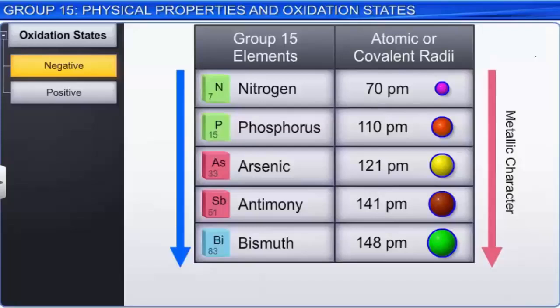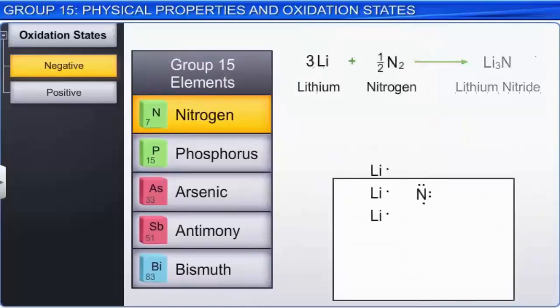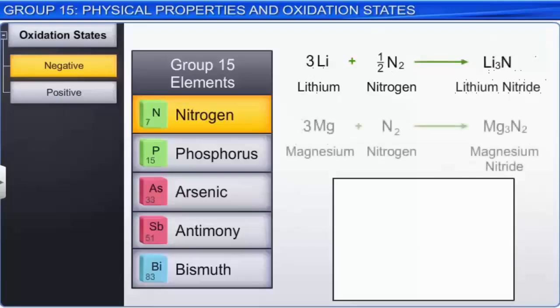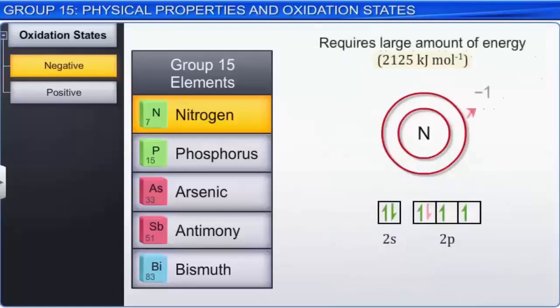Only nitrogen atoms can gain 3 electrons from highly electropositive metals like lithium and magnesium, to form ionic nitrides. Note that a huge amount of energy, about 2125 kilojoules per mole, is required to form a nitride ion, that is, a N-3 ion.